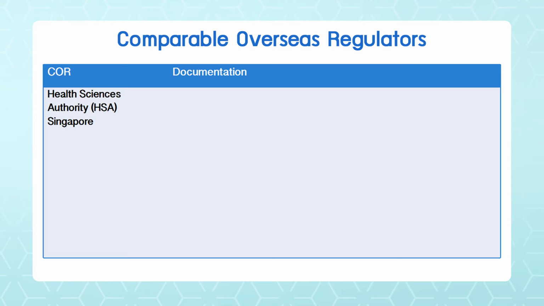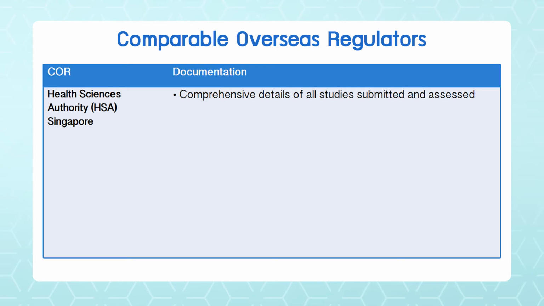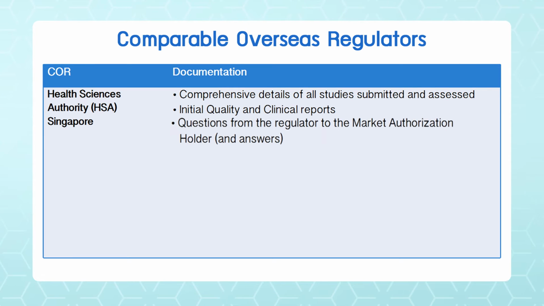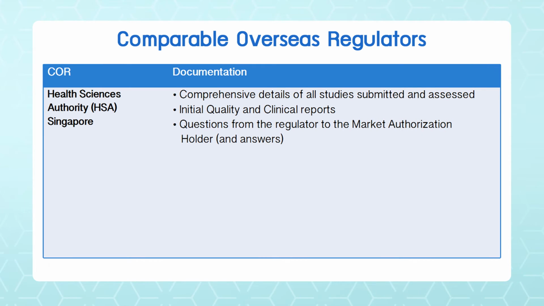Then TGA would request this information from Singapore. So you need to provide the comprehensive details of all studies submitted and assessed, initial quality and clinical reports, questions from the regulator to the market authorization holder, and the answers which the applicant had given to HSA.